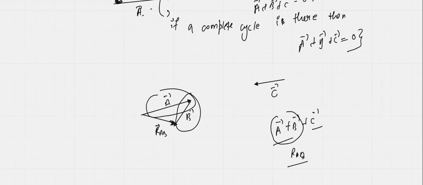Now I had the third vector. I will take this third vector and align it with the resultant of AB.